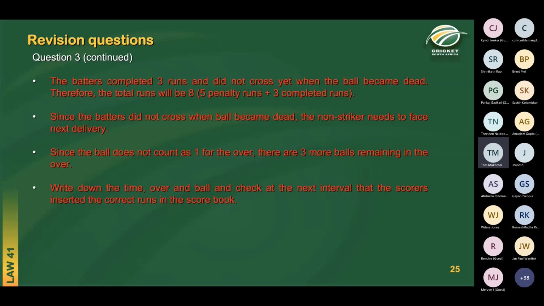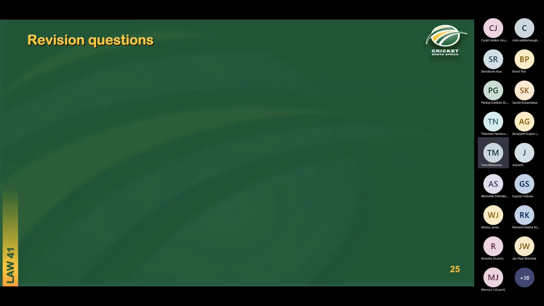Also, a little half mark that could help you get over the 80% requirement for the level 3 exam. Since the ball does not count as 1 for the over, there are 3 more balls remaining in the over. Remember that in the question, they told us that this was the 3rd ball.